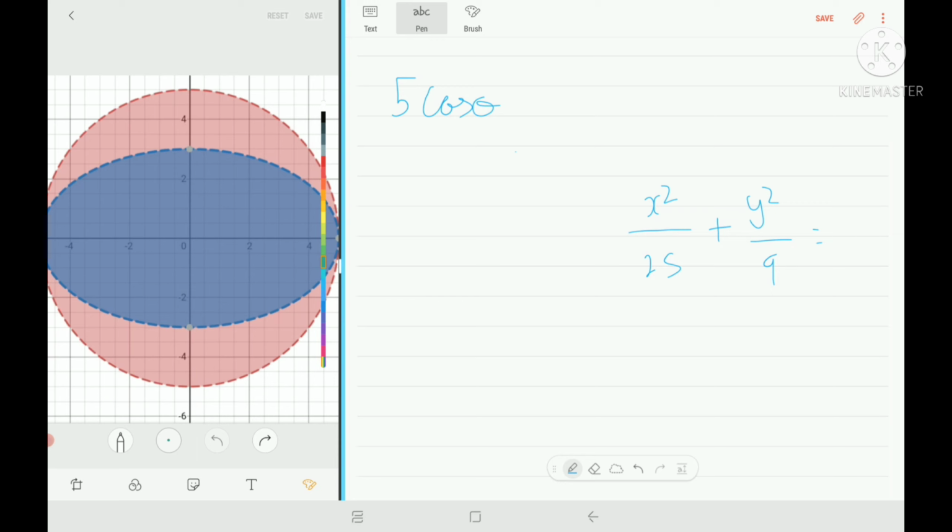Yes, it's 9, is equal to 1. When you put this value of x in this equation, y turns out to be, you can check, 3 sine theta. Now this is all that is for the ellipse.